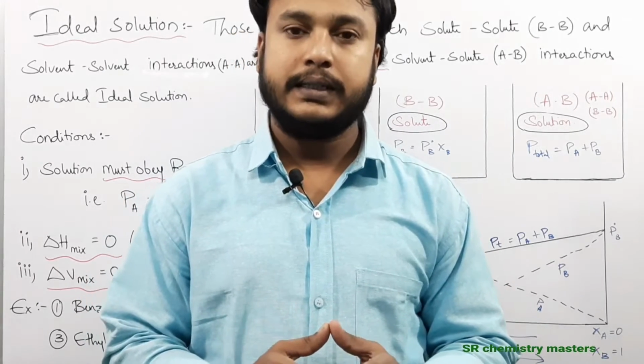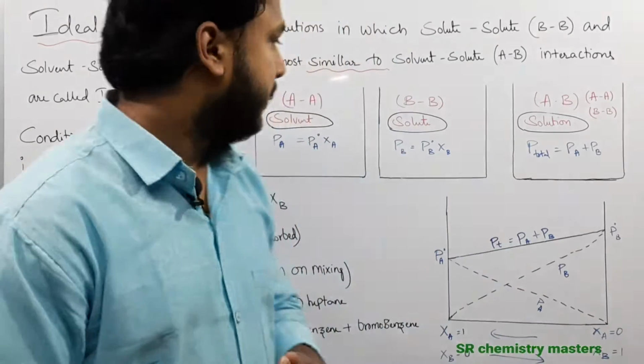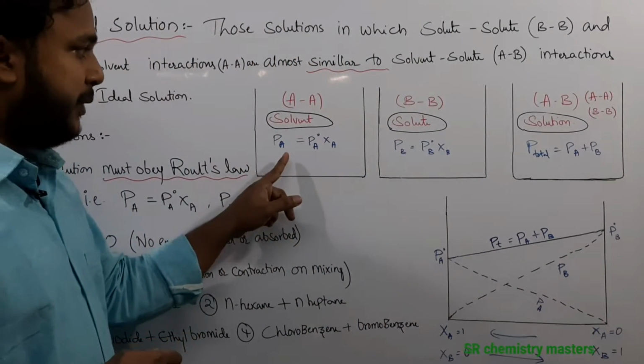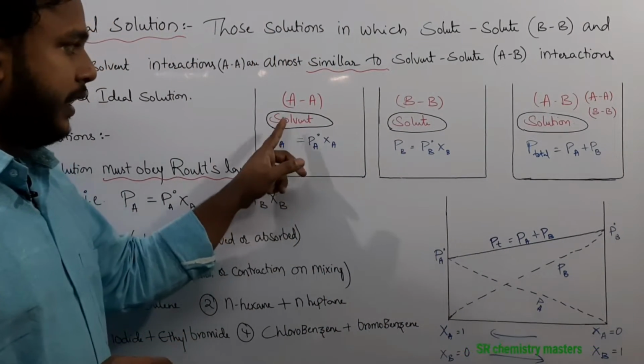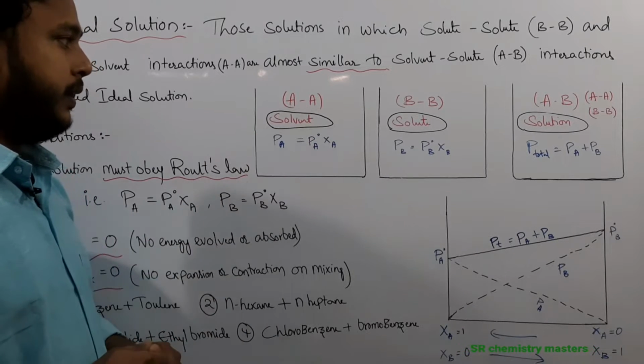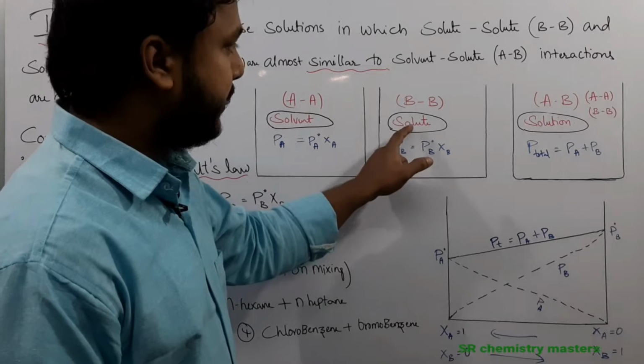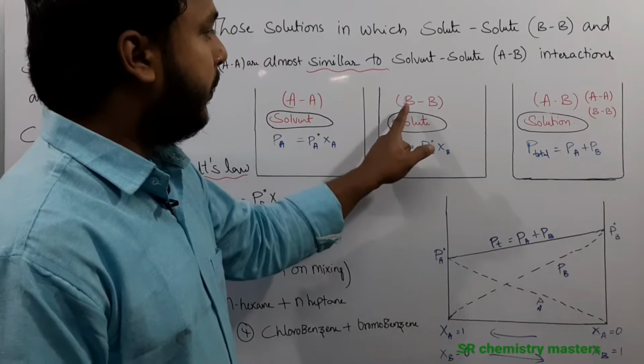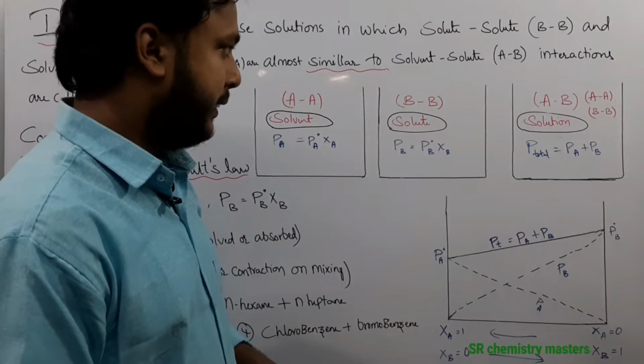In order to understand this, let us see the diagrams. Here the first beaker contains solvent, and in the solvent the interaction is AA, and the second box contains solute. In this we have BB type of interaction.